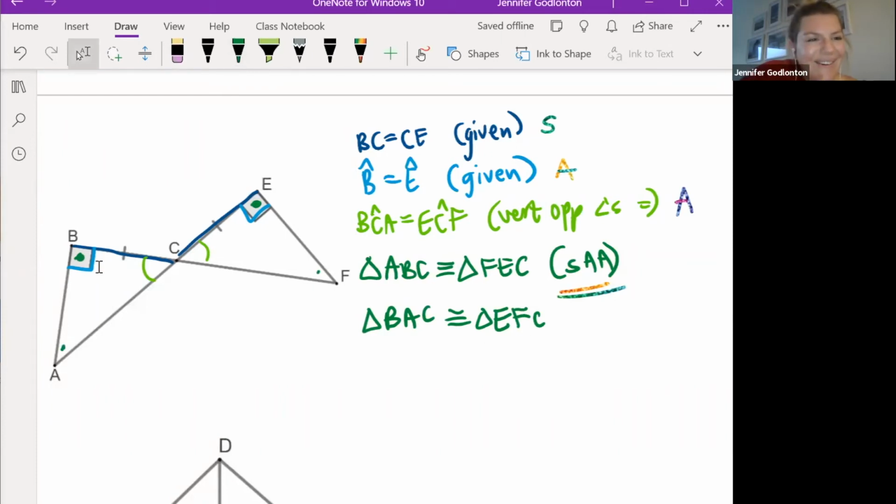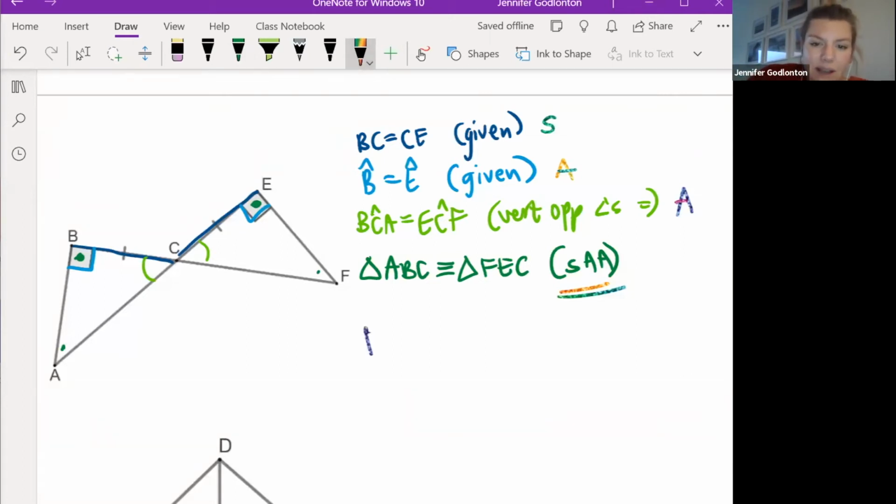Cool. Katlejo, how can I help? Ma'am, for the last step, I got triangle ABC equals triangle FEC, right angle, hypotenuse, and side. So that is a very, very common mistake, because you saw a right angle and you saw a side, right? But right angle hypotenuse side, okay?